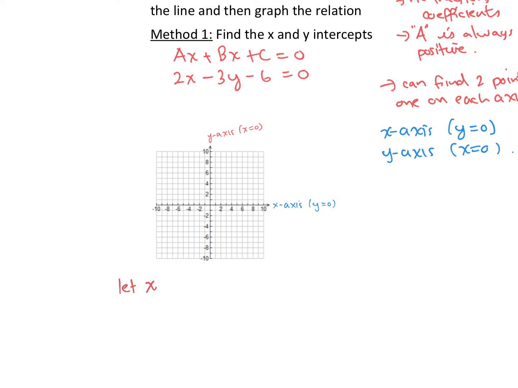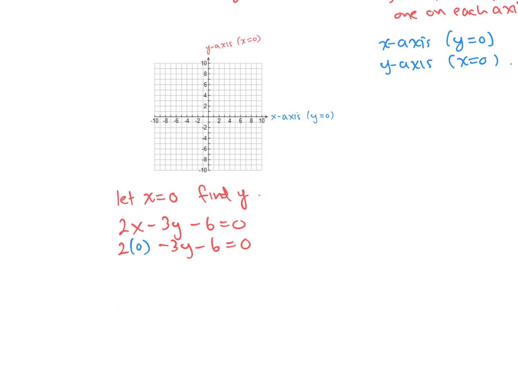So we can let x equal 0 and find y. So if I let x equal 0, then that eliminates that value there. 2 times 0 is 0, which leaves me with just y. And then we can solve for y.